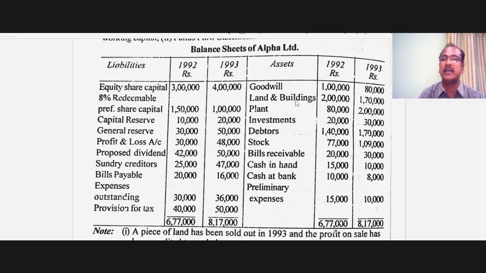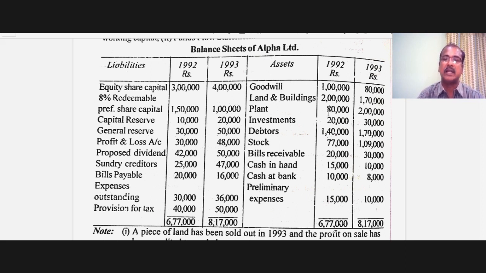Then land and building, fixed assets, you find there is a decrease in the value of land and building by 30,000. We will prepare ledger account considering these opening and closing balances plus additional information if any, and decide whether there is a sale or a depreciation or there is any purchase like that.